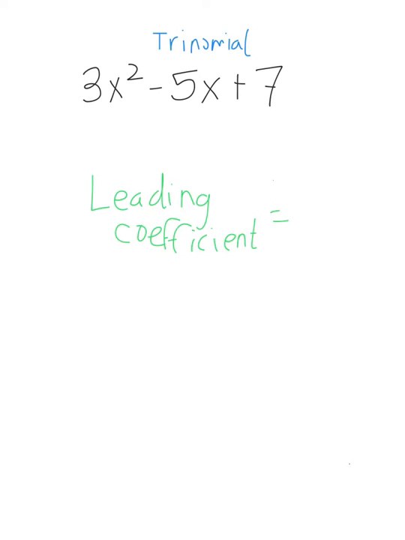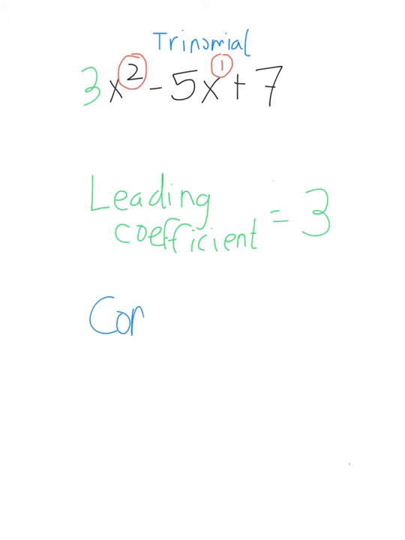So in this case we have an exponent of 2, we have an exponent of 1, and we do not have a variable with this 7. The higher exponent is 2, so the leading coefficient is going to be the number in front of that x, which is 3. So the leading coefficient is 3.